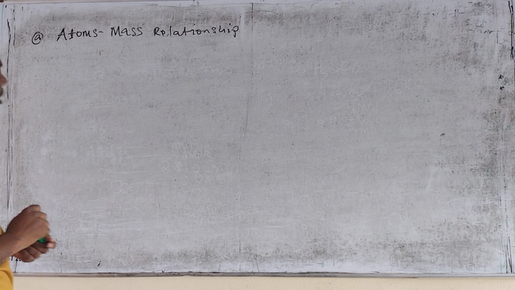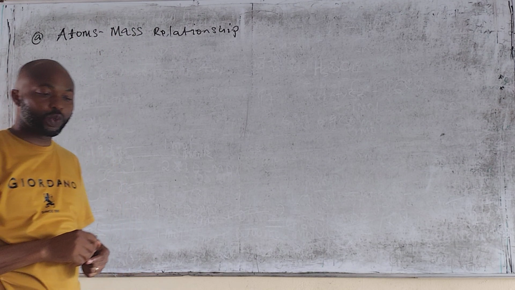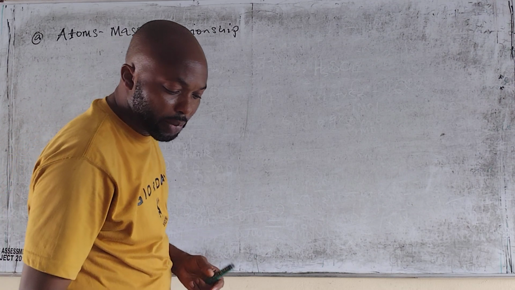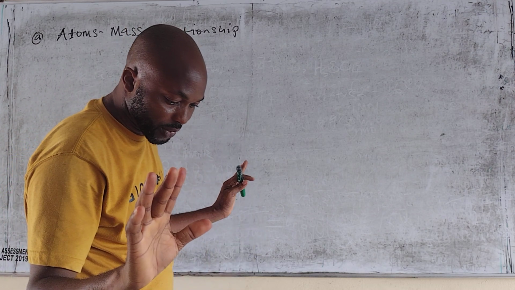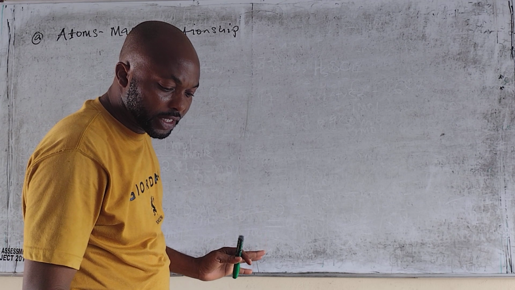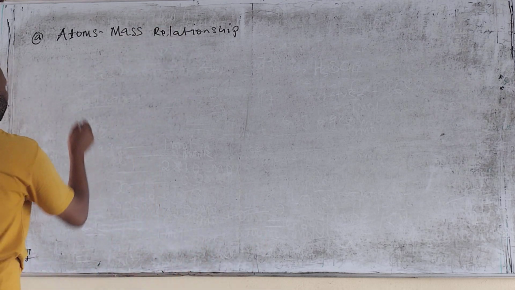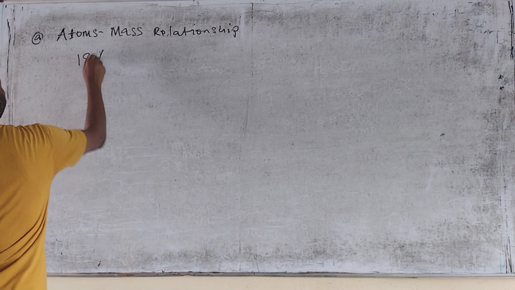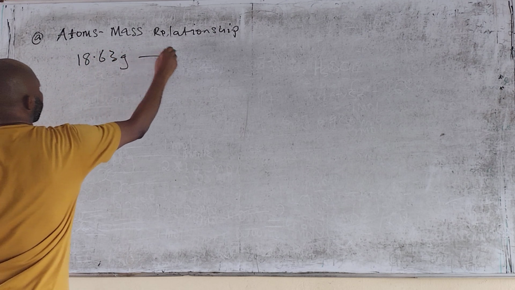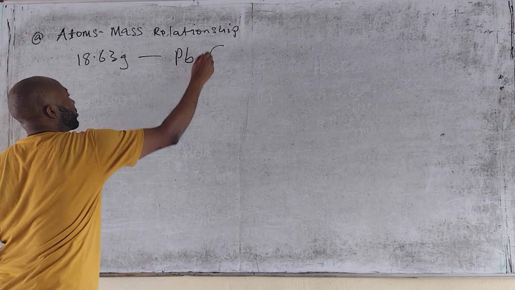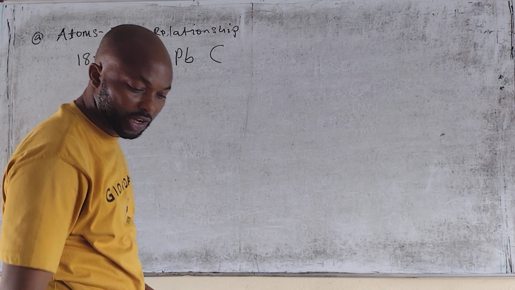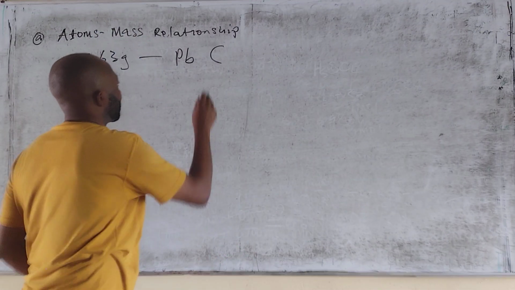Now, atoms mass relationship. Let's take our first question. Calculate the number of atoms of the element in 18.63 grams of lead. The relative mass of lead is supposed to be given as 207 grams.